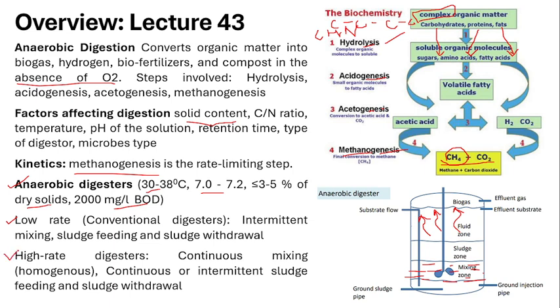Next is the high rate digester. The high rate digester has continuous mixing, which ensures the homogeneity of the sludge, and continuous or intermittent sludge feeding and withdrawal will happen here. This is the high rate digester type. So these are the types of anaerobic digestion, and these are the steps involved during the anaerobic digestion process.